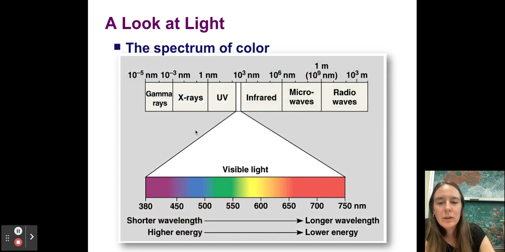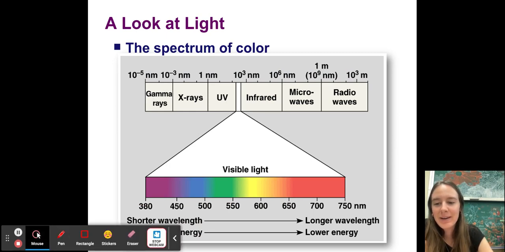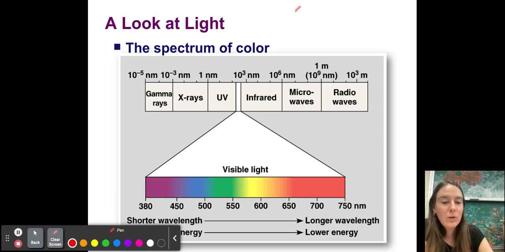All right, now if we look here, we can look at what's called the light spectrum. Okay, now we see different measurements here. When we're talking about energy, we're talking about wavelengths, and we have different types of wavelengths. So, for example, really, really small wavelengths.